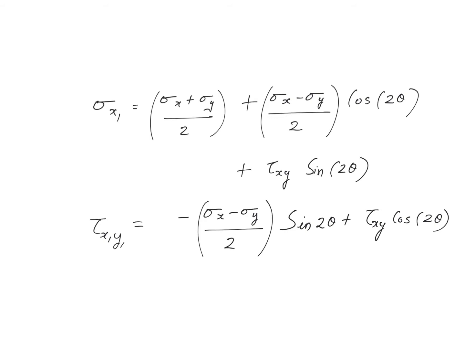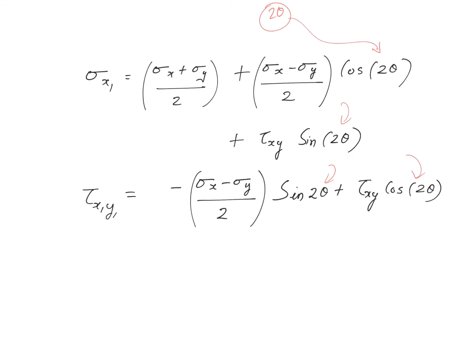And why does a theta inclination correspond to a rotation of 2 theta? The reason is here because the argument of all these cos and sine terms is 2 theta, not theta. That's the reason why 90-degree faces are 180 degrees apart in Mohr circle.